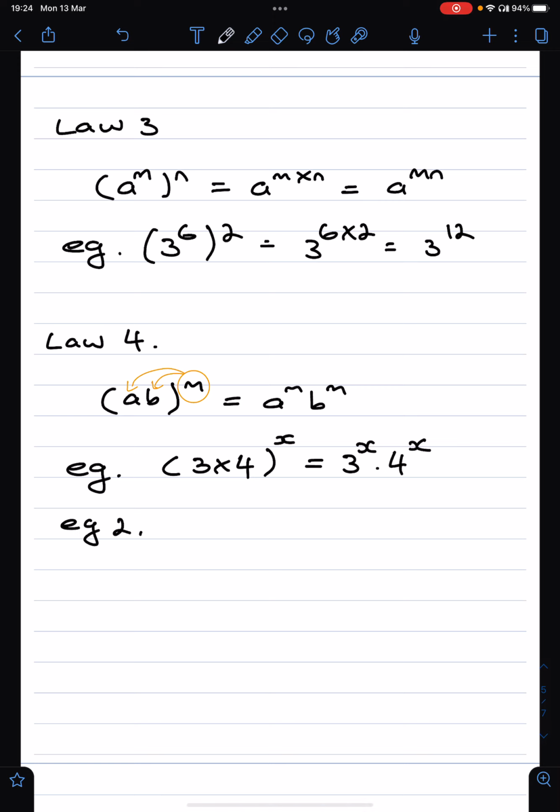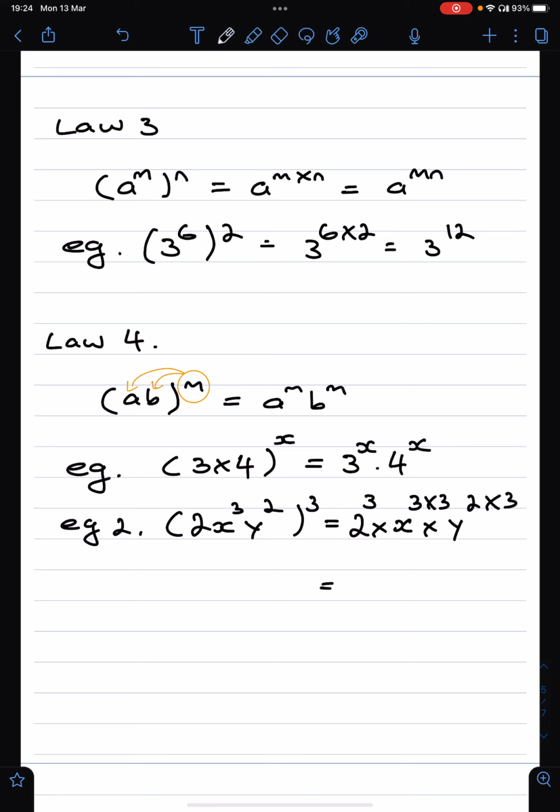Let's make this example 2. If I have (2x to the power of 3, y to the power of 2), close brackets, to the power of 3, then my solution will be 2 to the power of 3 times x to the power of 3 times 3, y to the power of 2 times 3.